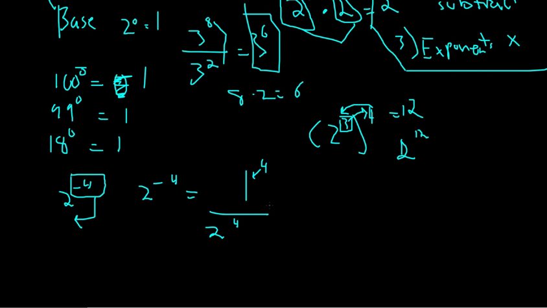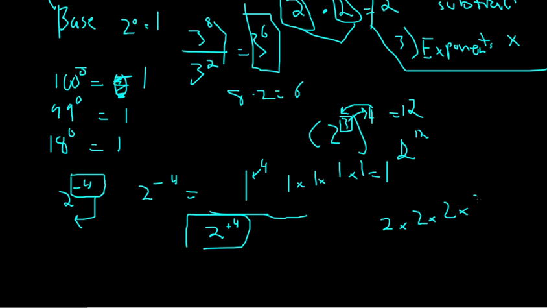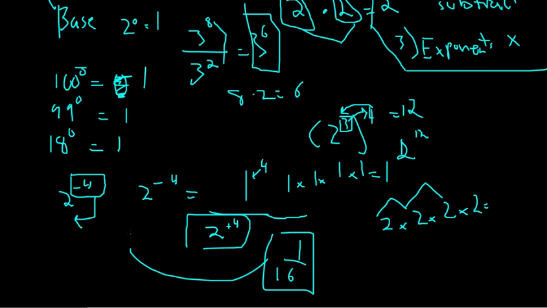It's 1, because 1 times 1 times 1 times 1 is 1. The exponent changes to a positive, and what's 2 to the 4? 2 times 2 times 2 times 2 is 4, 8, 16. So the answer is 1 over 16.